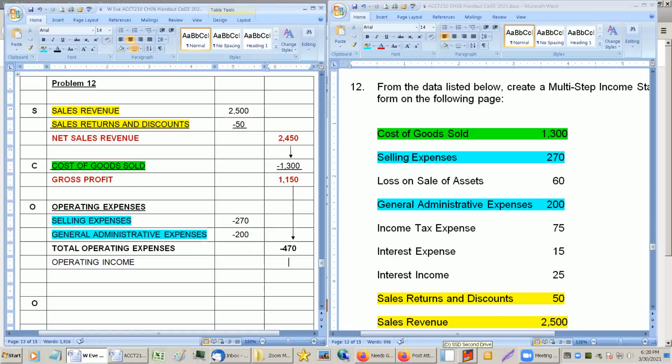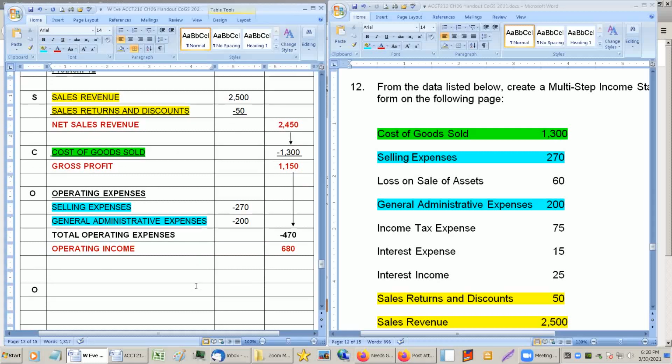Oops. 80. So this is the operating income, and that's actually a very important number.